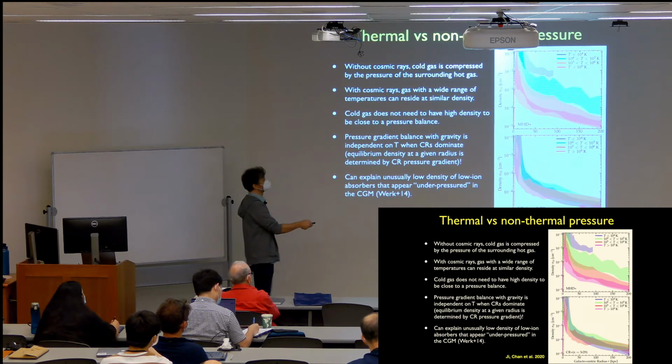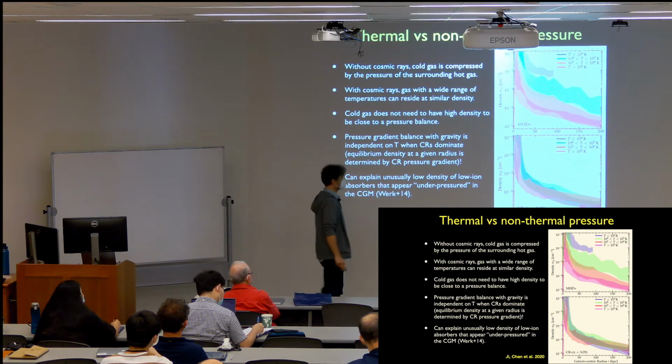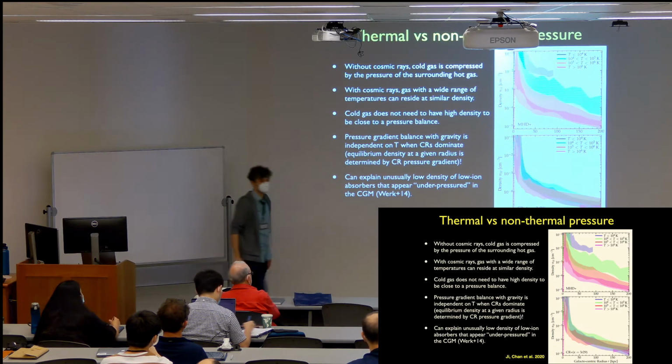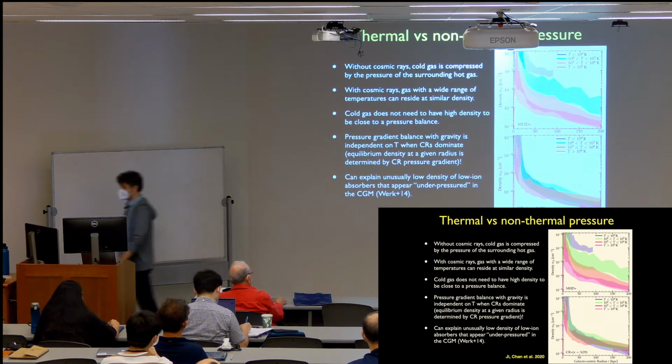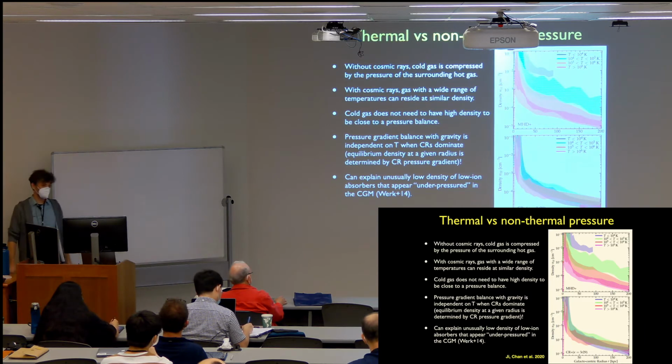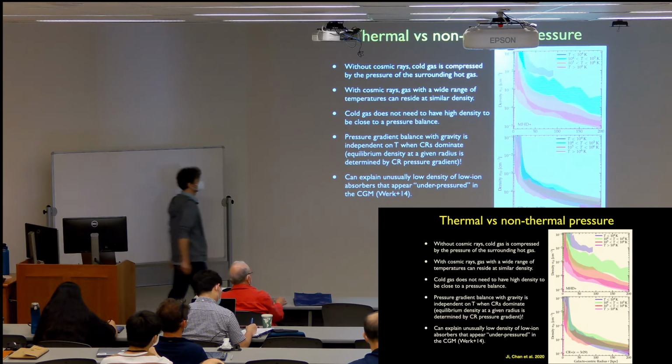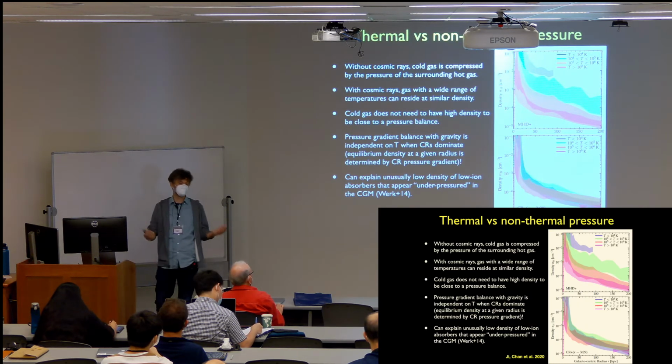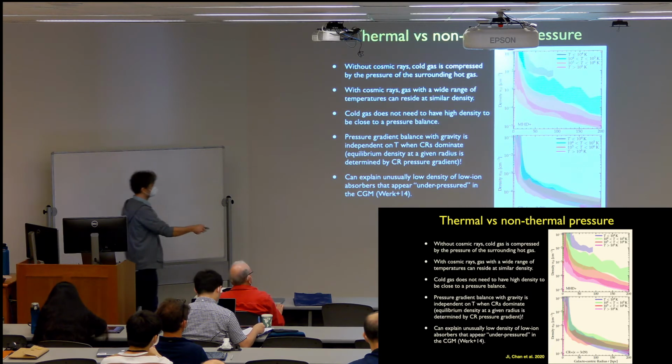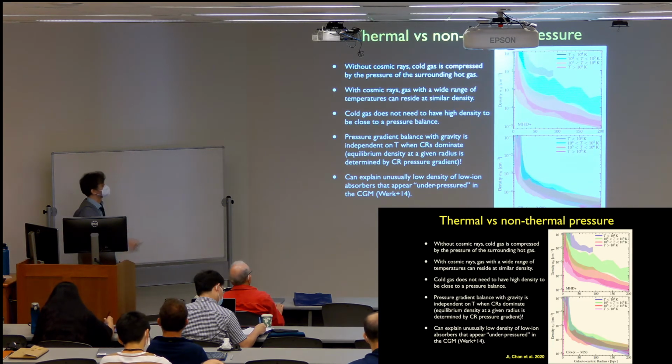So you can have relatively low density cold gas in there, which is actually kind of pretty cool, because from observations of the circumgalactic medium, we found that there are many relatively cold absorbers in the CGM whose exact temperature and density structure was really hard to explain if they are confined by the hot gas. They just seem to be too low densities, from work by Jessica Berg and others.